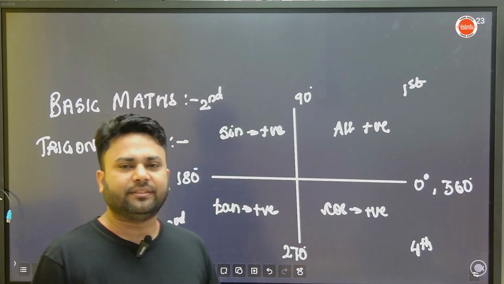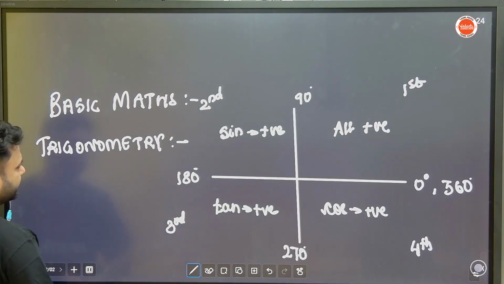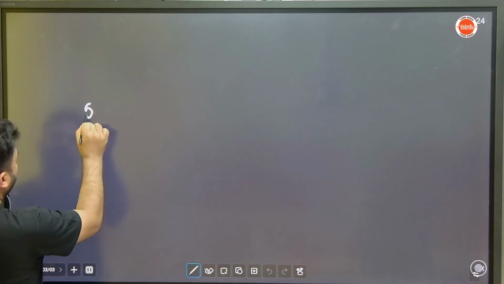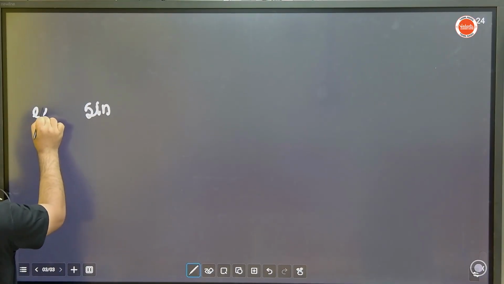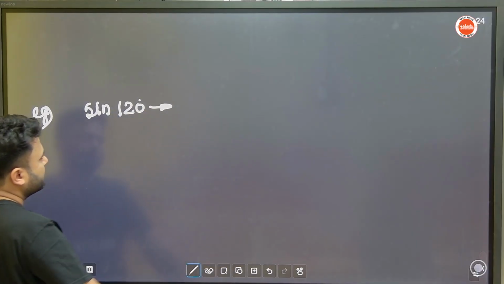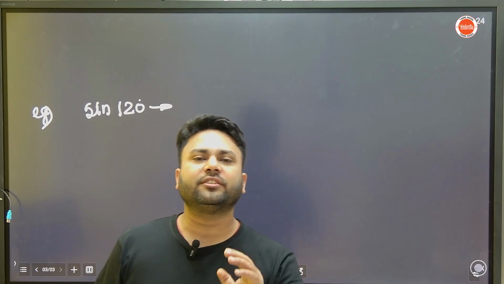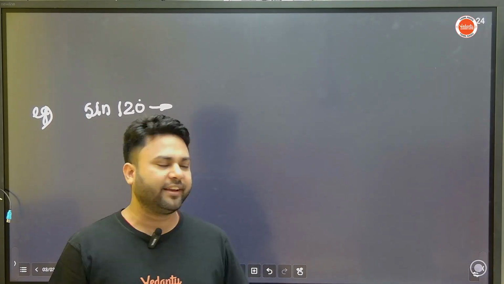Now, what does this mean? For example, someone asks the value of sine of 120 degree. I am not focusing on the value, just on the sign, whether it will be positive or negative.